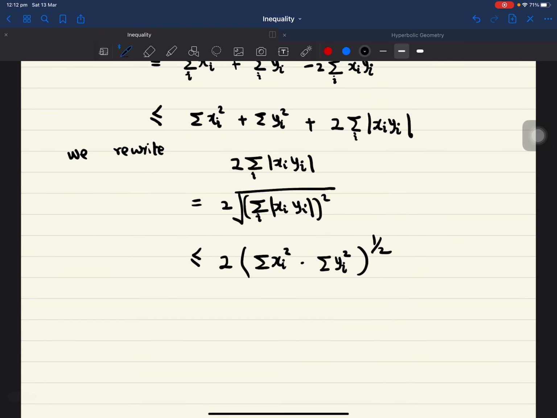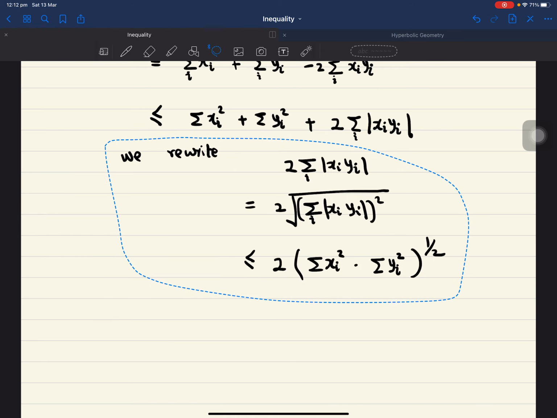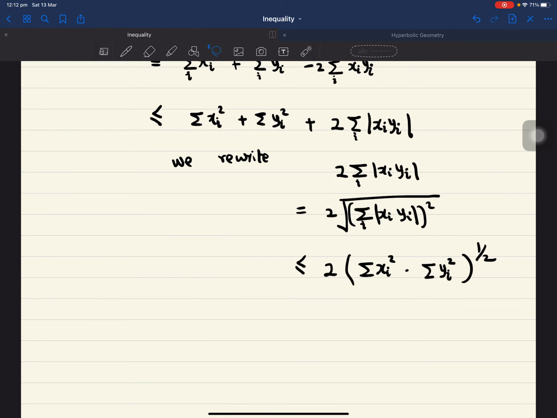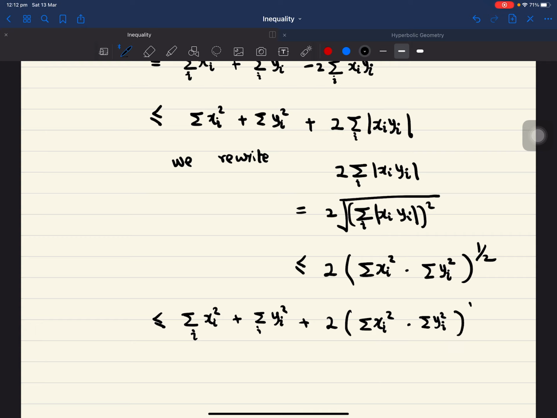Therefore, hang on, aside a little bit, so just don't want to confuse us. And that is less than or equal to the sum of xi squared plus yi squared plus 2 times the square root of the sum of xi squared times the sum of yi squared.